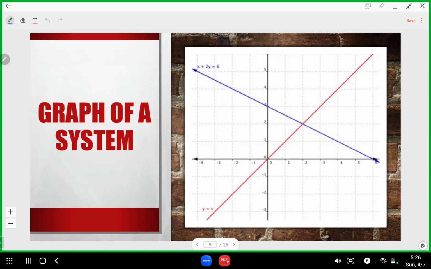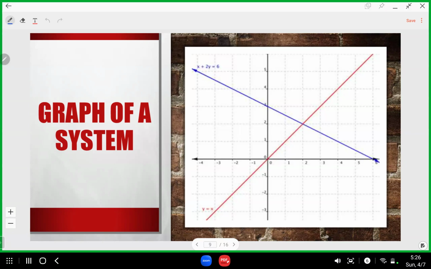But that is part of linear algebra, which is a college level course, which we are not going to be discussing in this course. So we're going to stick with the 3 elementary methods, actually 2 elementary methods, because this one nobody really does.